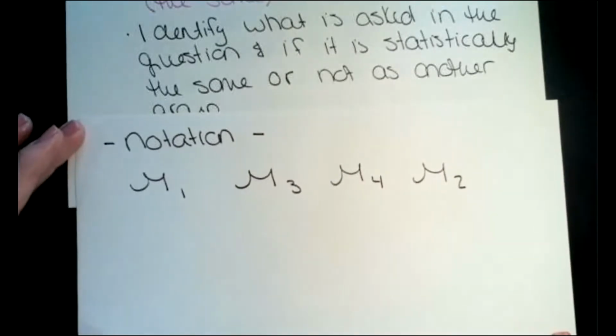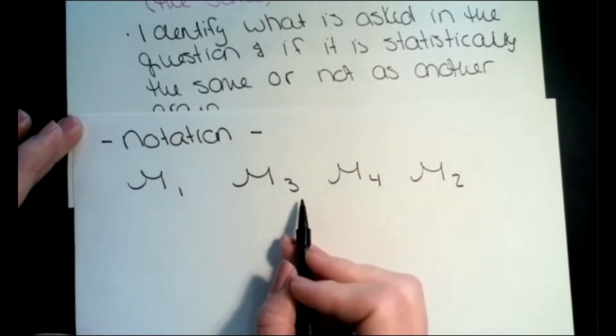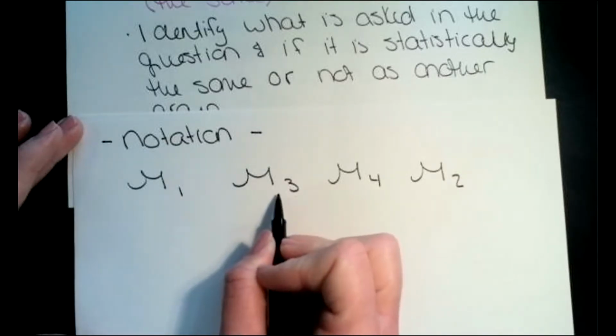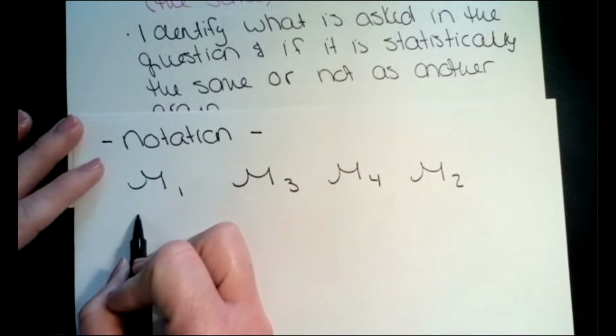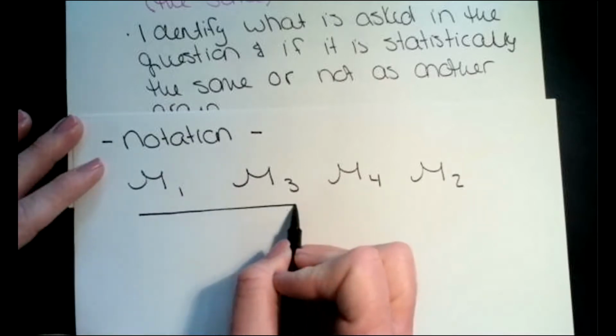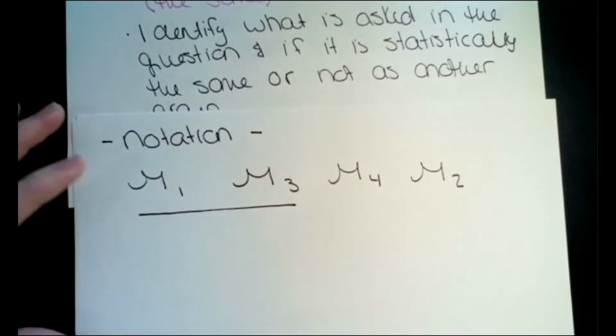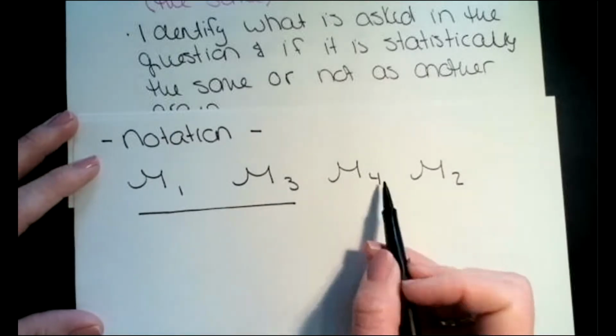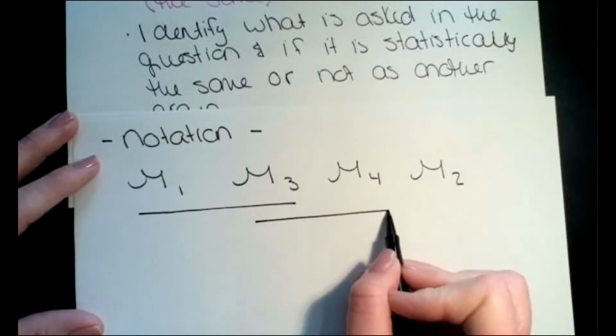We might come up with the conclusion that 1 and 3 are the same. If 1 and 3 are the same, then I put a line underneath. You're just going to insert a line under them. Then you might get something that says 3 and 4 are the same. So I'm going to put another underline like that.